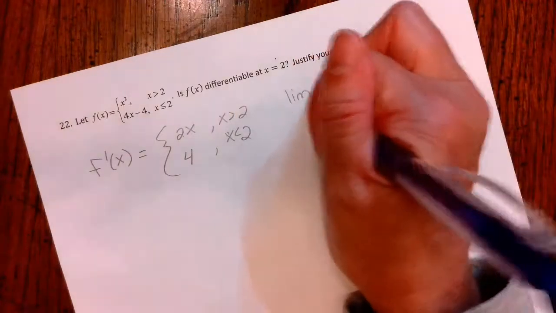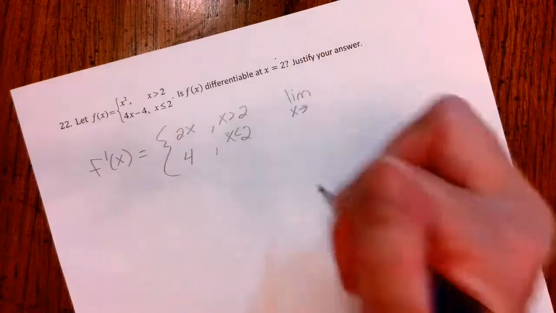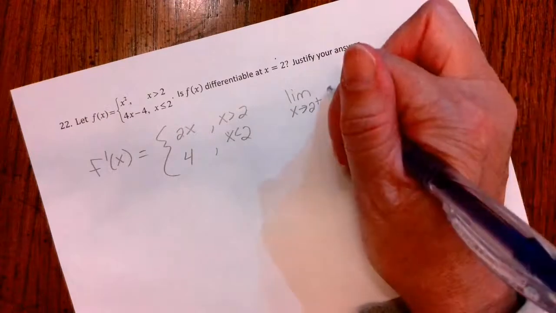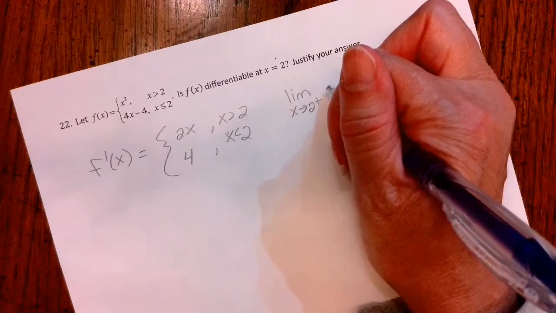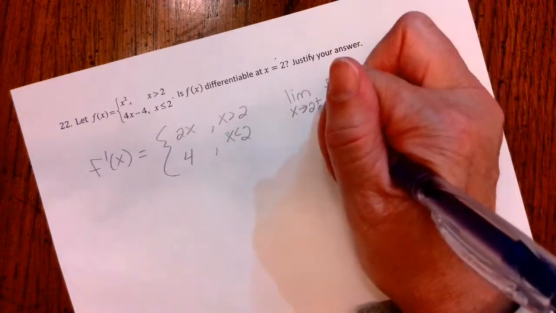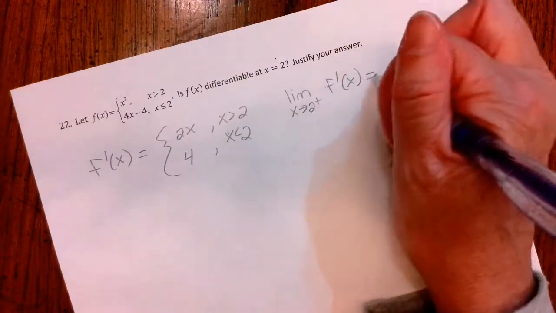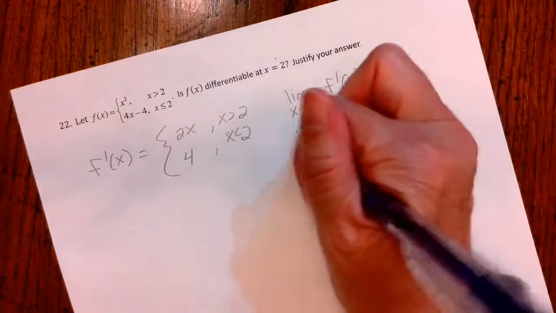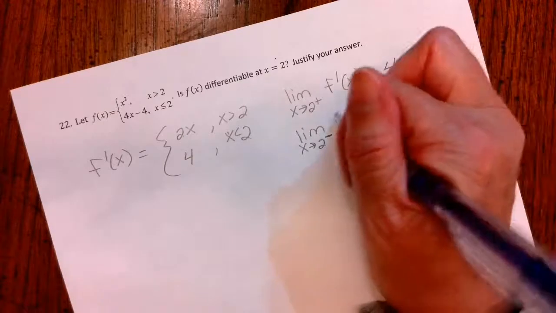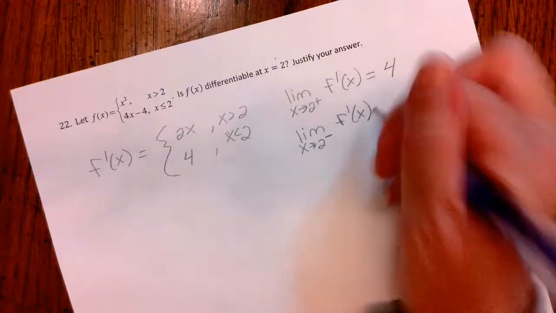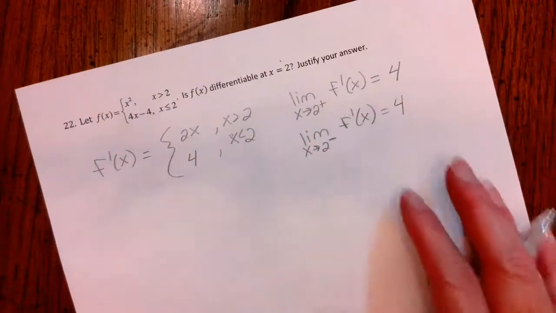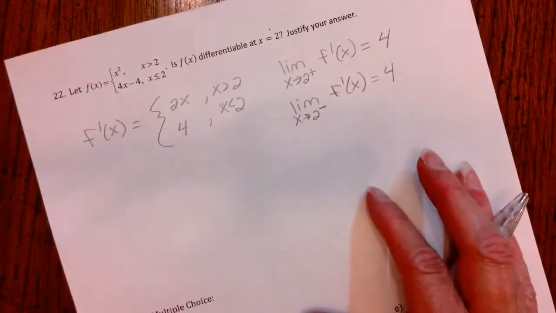So to approach it, we're going to use limits from our past, and we're going to approach 2 from each side. If I approach 2 coming from the right on the derivative, I'm going to get a value of 4. If I approach 2 from the left on f prime, that's the constant, that's 4. So far I have a match, so it's looking pretty good.